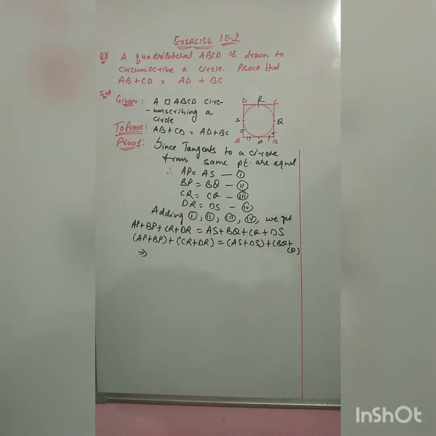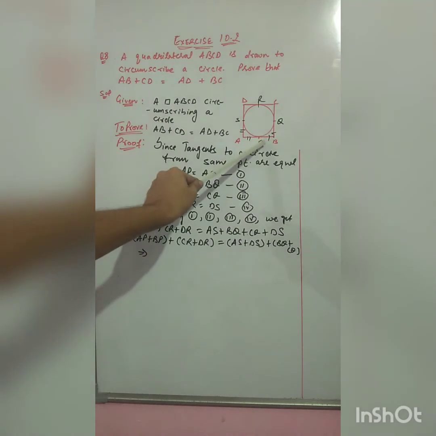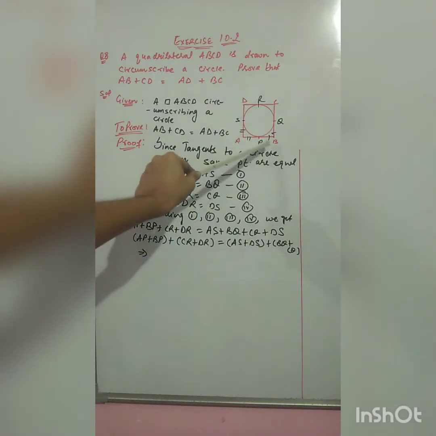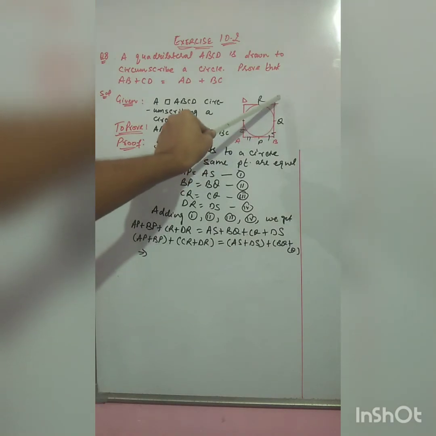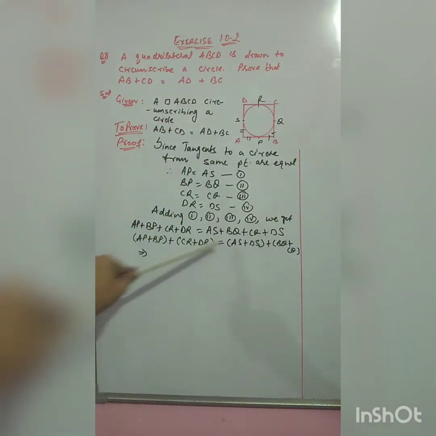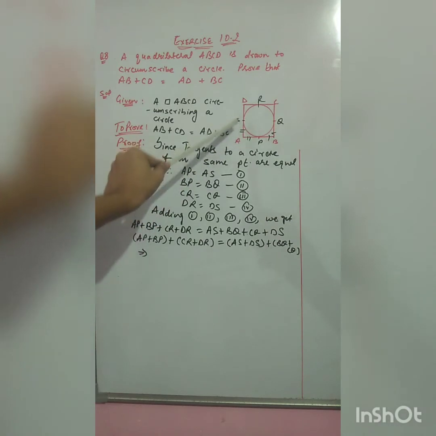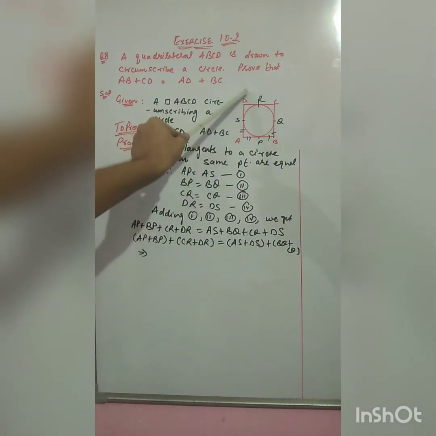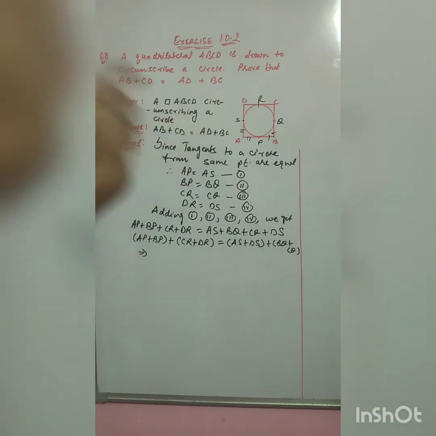When AP and BP are added, we get AB. So AP plus BP gives us AB. BQ plus CQ gives us BC. DR plus CR gives us CD, and AS plus DS gives us AD.